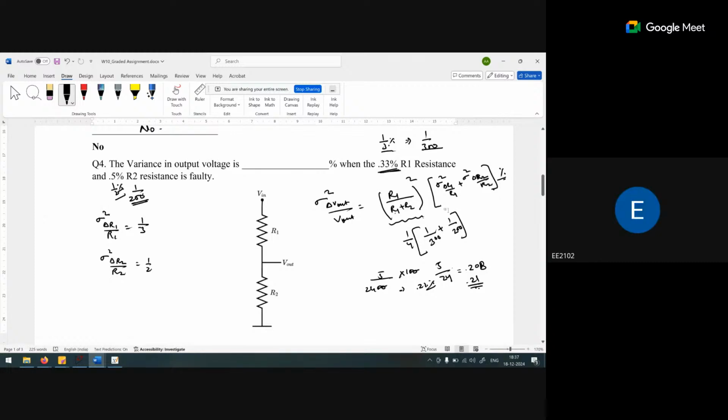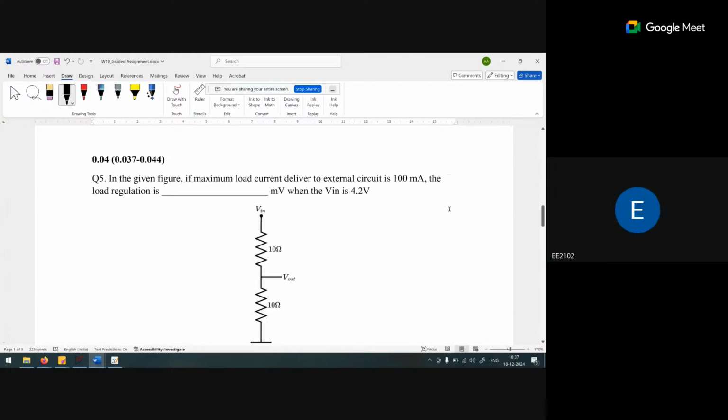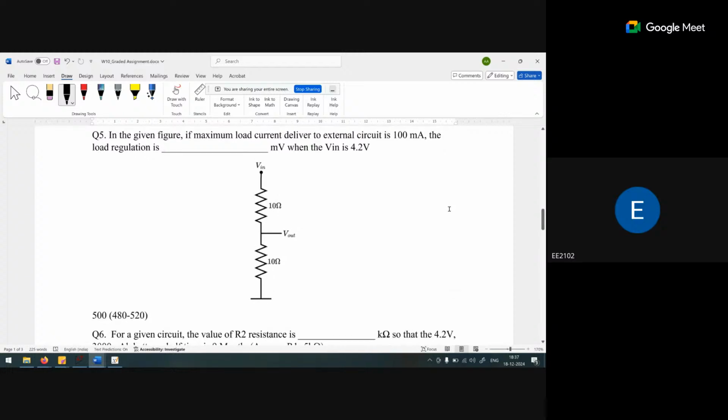Okay, now question number 5. What is basically the load regulation? Change in output voltage when current goes from 0 to maximum.